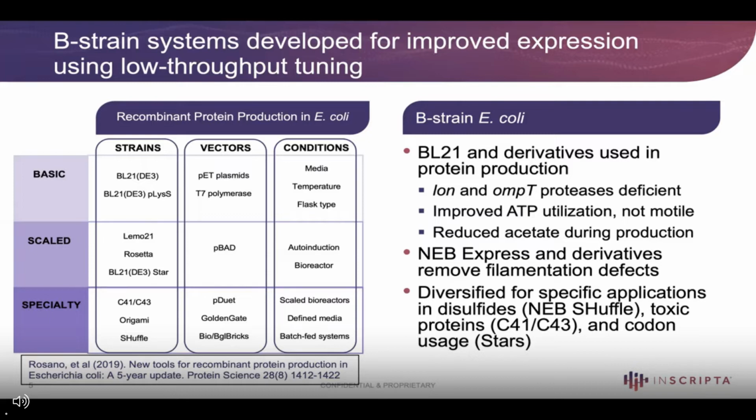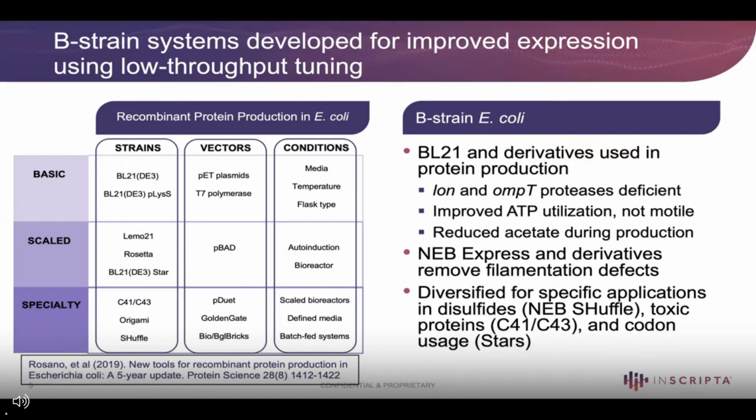And NAB has an NAB Express B strain that's capable of producing protein with that filamentation defect removed, such that cells maintain a non-filamentous morphology. That's what I'll be talking about in part today as well.